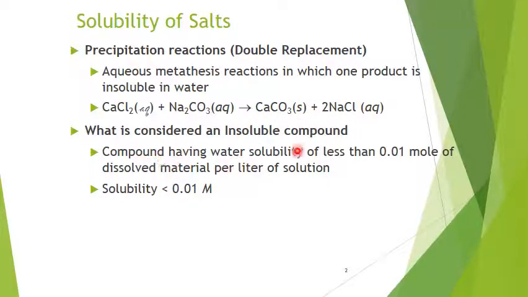A compound having water solubility less than 0.01 mole per liter is considered insoluble. 0.01 doesn't sound like very much, but actually it could be quite a bit that's still soluble.